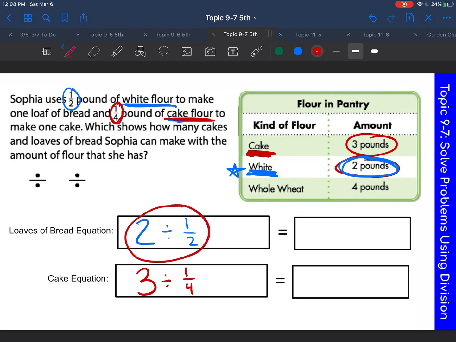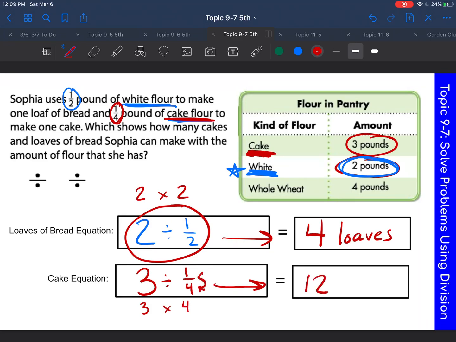What would 2 divided by 1/2 be? Well, we can do keep, change, flip. So 2 times 2, which is 4 loaves. Okay. What would 3 divided by 1/4 be? Well, again, we could do keep, change, flip, which would be 3 times 4, which is 12 cakes.